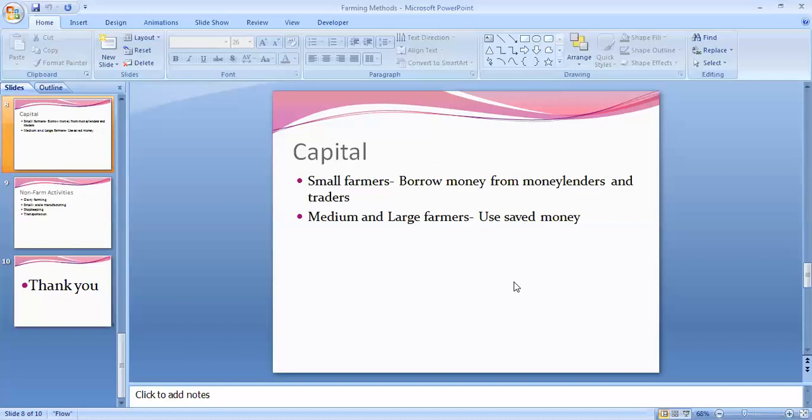And sometimes they have to sell their small piece of land. Now the capital arrangement of medium and large farmers. The medium and large farmers have their own savings from farming. It means they use their saved money for the arrangement of capital, for the purchasing of inputs.